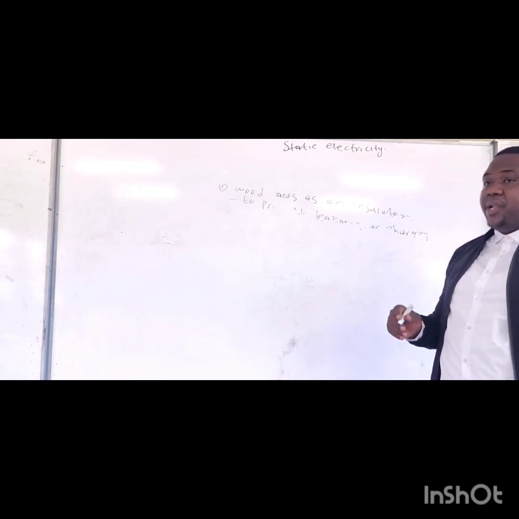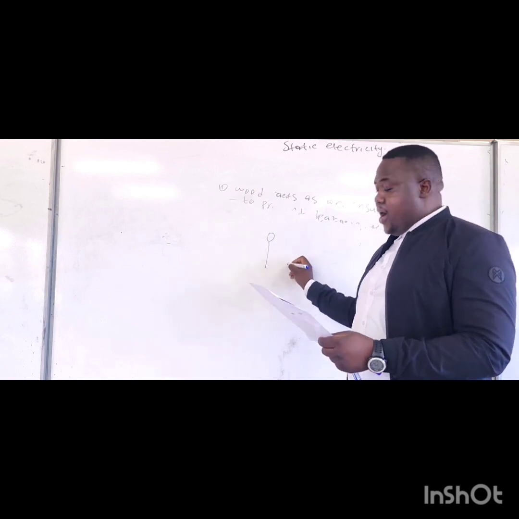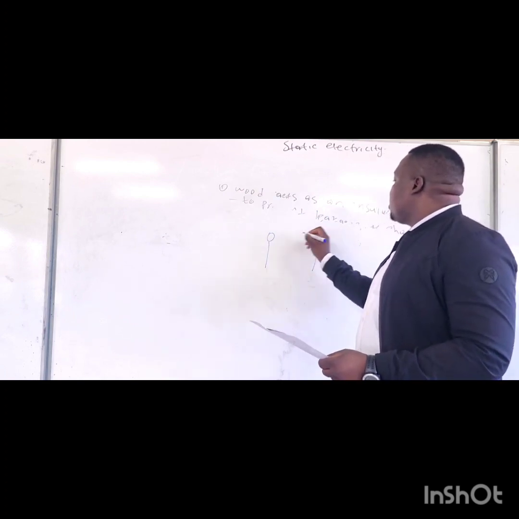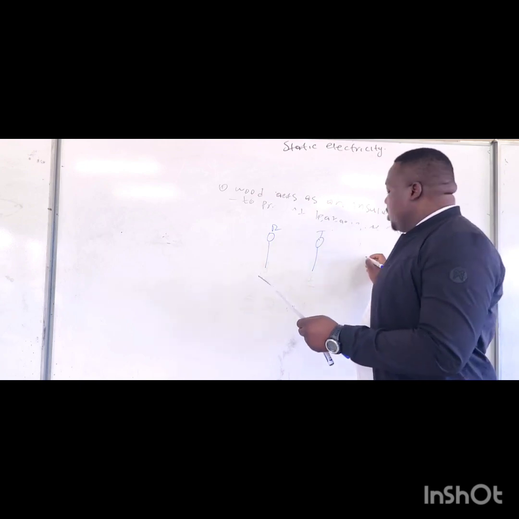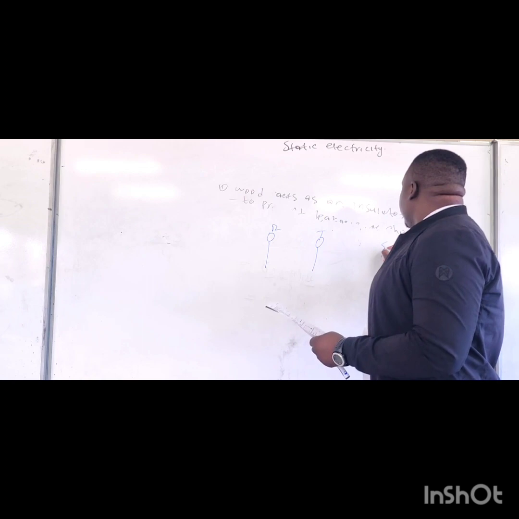Look at the question displayed on your screen. Then you can see that we have sphere R. Then we're told that T was placed between them. Then we have S.